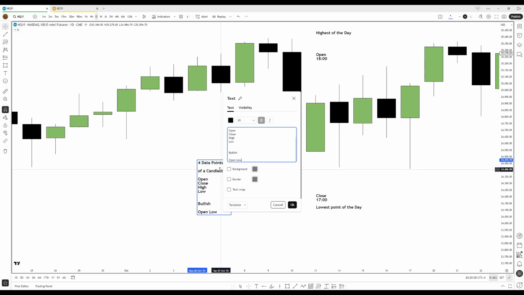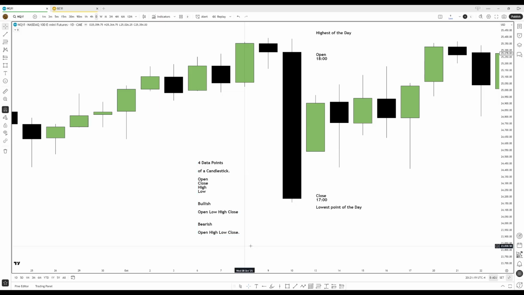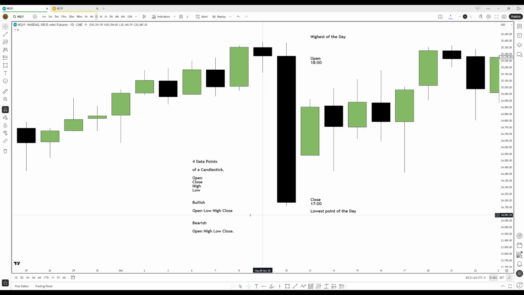Perfect. And then what about bearish? Bearish should be open, high, low, close. Perfect, exactly. So now you have an understanding of the data points and what they represent, right?